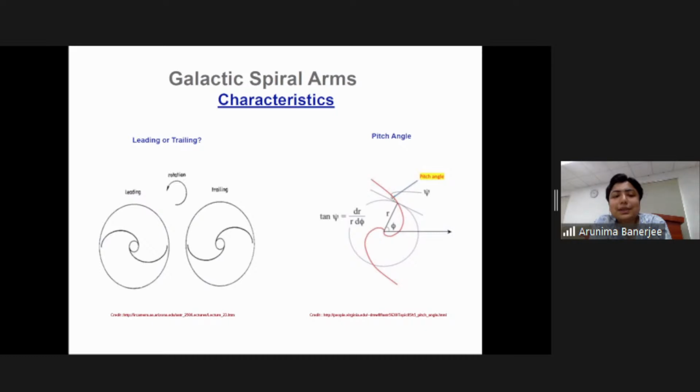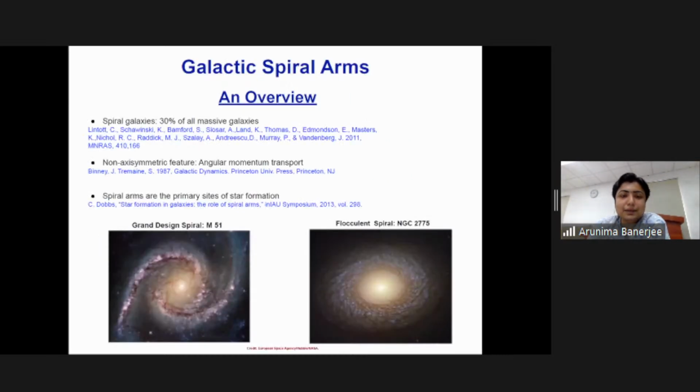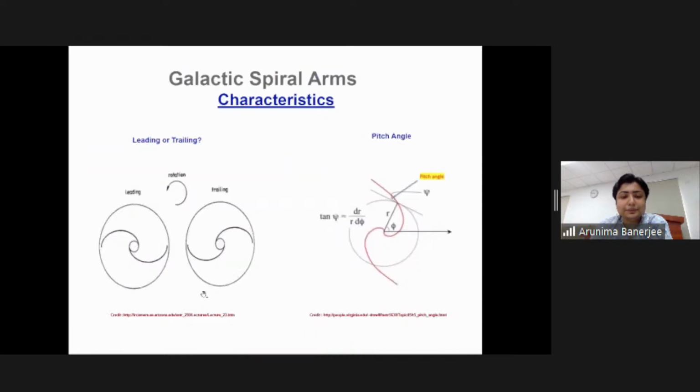So definitely we don't see that the spiral arm is rotating, but actually they are rotating, and indirectly we can figure that out. So it is not a stationary pattern on the galaxy; the pattern is rotating. Along with that, the galaxy is also rotating, but there is a difference. As I said, this is the direction of the rotation of the galaxy, and this is the direction of rotation of the spiral arm. There is a major difference between the rotation of the galaxy and the rotation of the spiral arm.